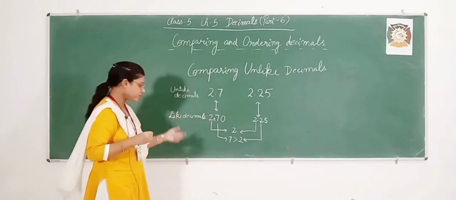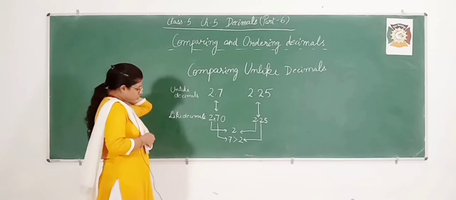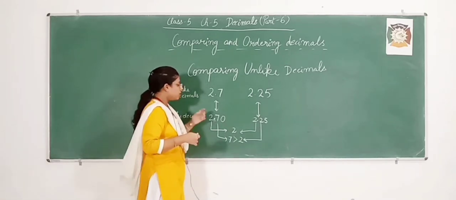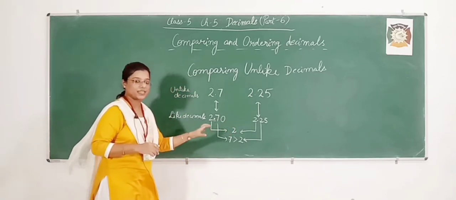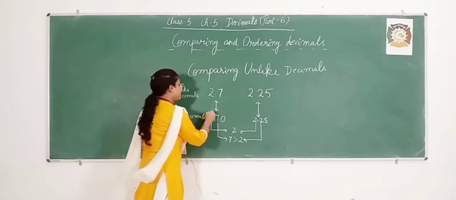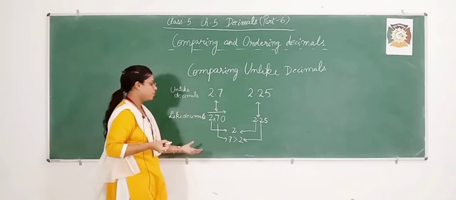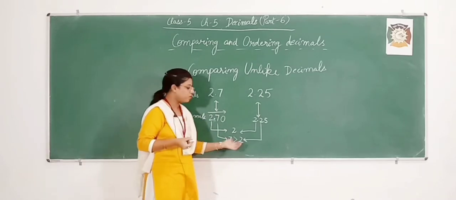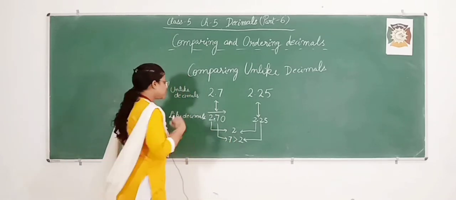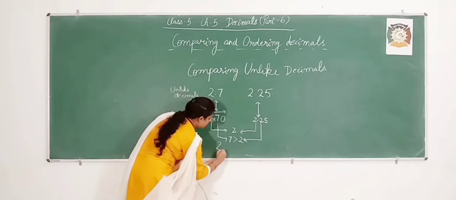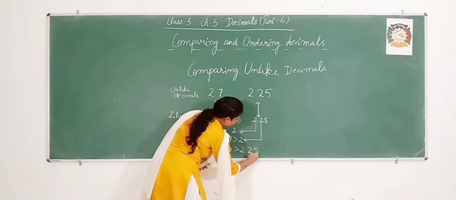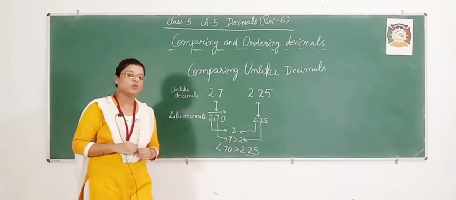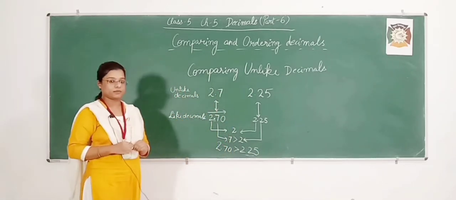Therefore, you will put the greater sign. After that, you do not need to compare the next digit. You have to compare from the left hand side. As soon as you obtain a different digit, you will stop there and you will find the result as 2.70 is greater than 2.25. This is the way to compare unlike decimals.